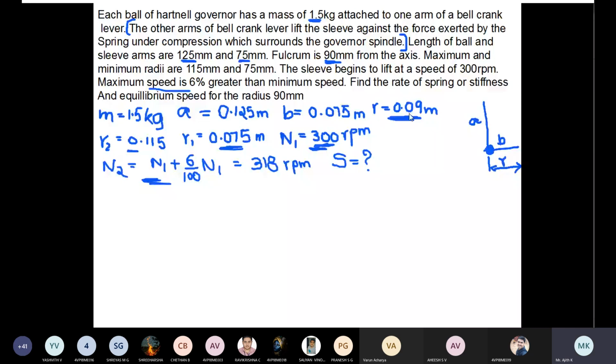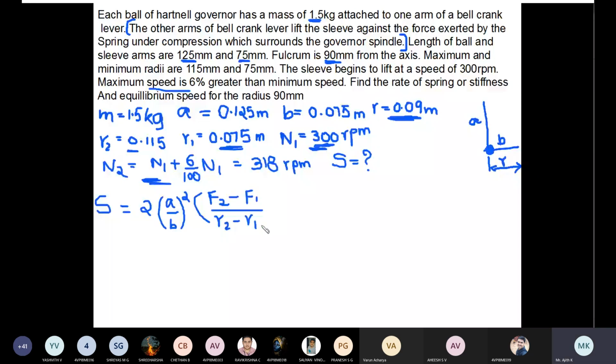First we'll calculate the spring stiffness or rate of spring, and this is the equation you have to remember: S equals 2 times (a by b) whole square into (F2 minus F1) divided by (R2 minus R1).